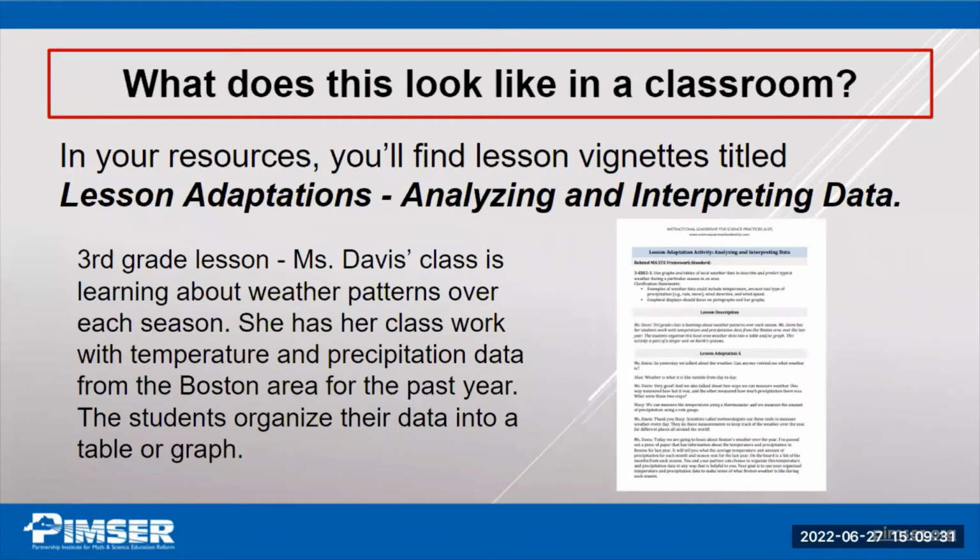In this lesson adaptation series, Ms. Davis's 3rd grade class is learning about weather patterns over each season. She has her class work with temperature and precipitation data for the past year in their area. The students are organizing their data then into a table or graph, and that same scenario will be played out in 4 different ways.